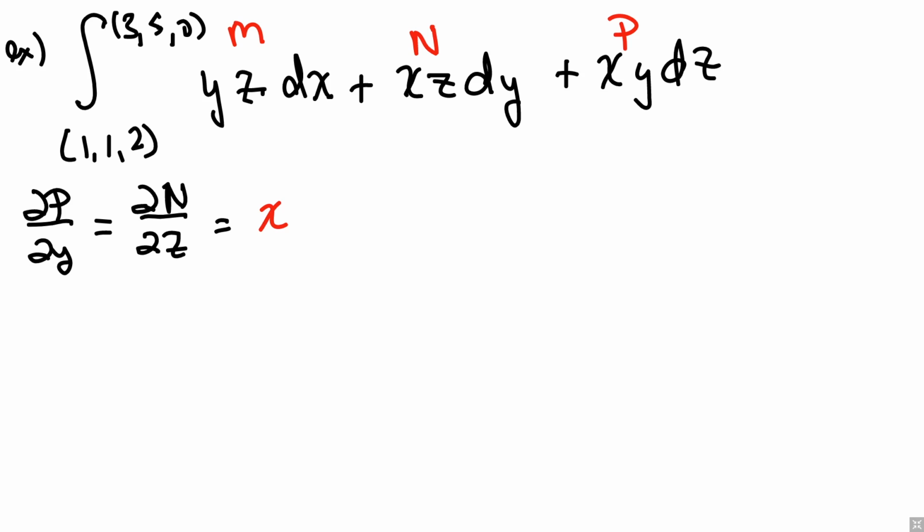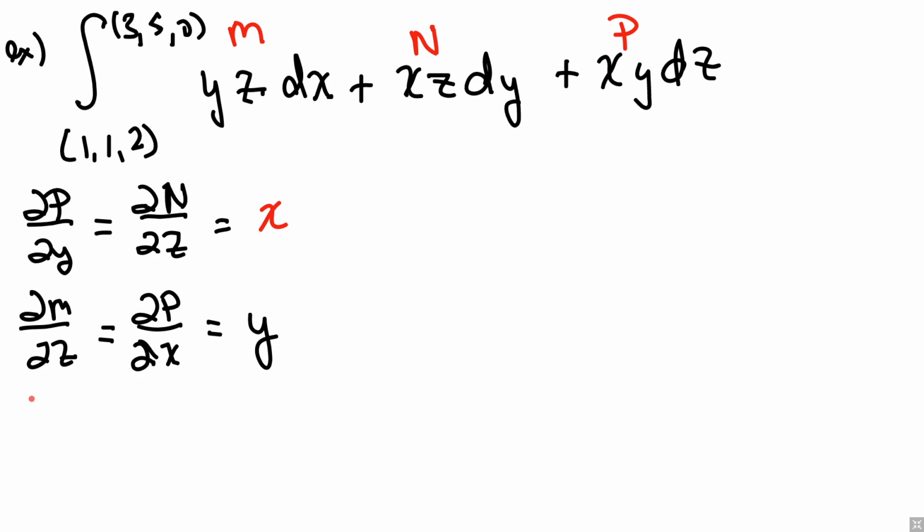So next, I want to look at the partial of m with respect to z and show that's equal to the partial of p with respect to x. What's the partial of m with respect to z? It is y. And what's the partial of p with respect to x? It's y also. So that checks out.